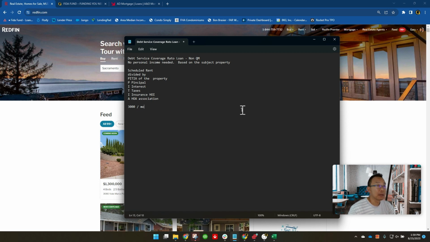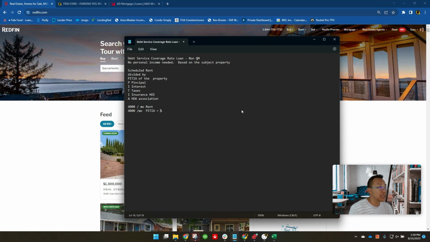So let's say our subject is bringing in $3,000 a month, and our PITIA is $4,000 a month. That's PITIA. So this is the rent. Then your coverage ratio in this case would be 75%. To get better pricing, we would try to get 100% coverage.